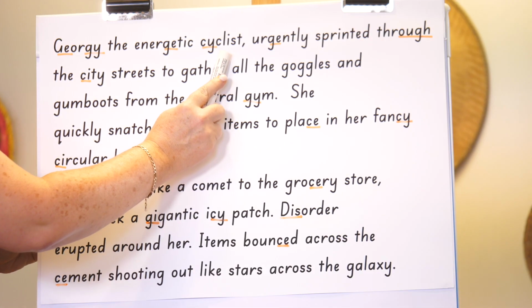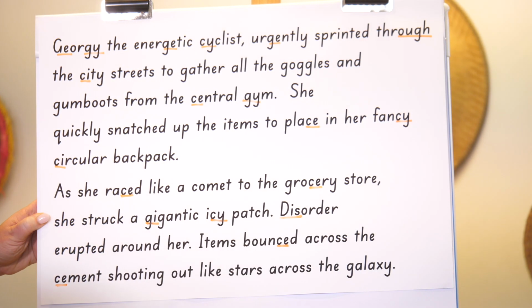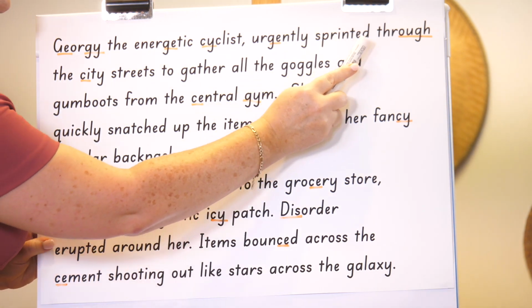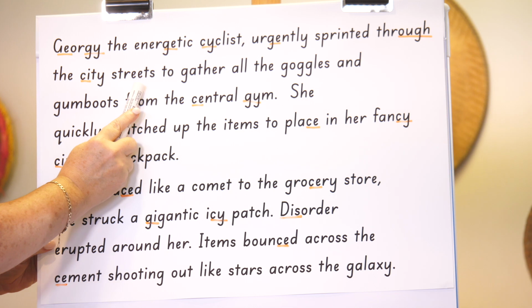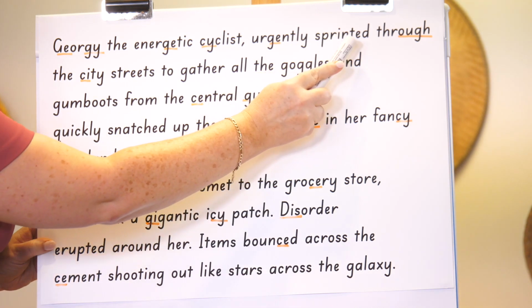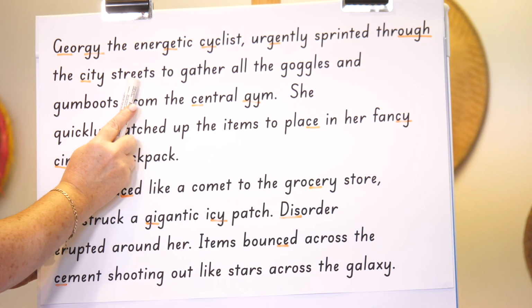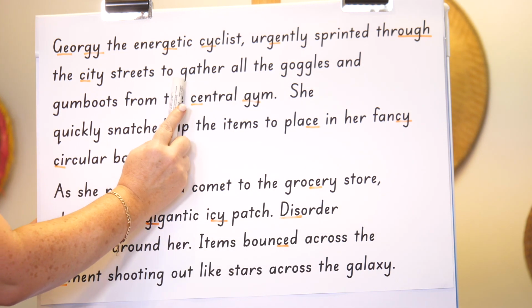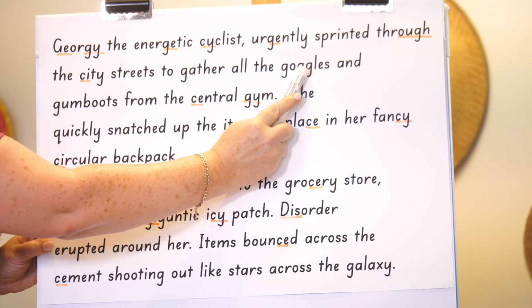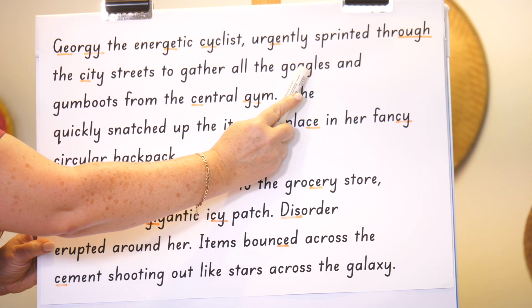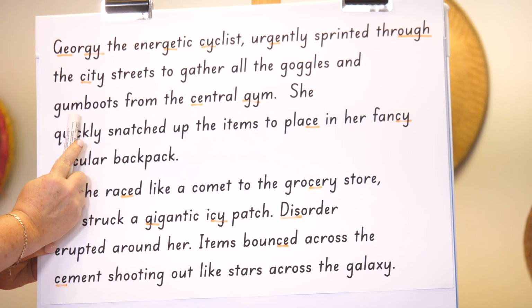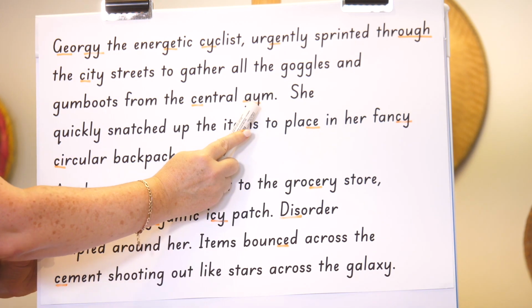Georgie, the energetic cyclist, urgently sprinted through the city streets to gather all the goggles. You repeating after me. Expression, no robot talk. And gumboots from the central gym.